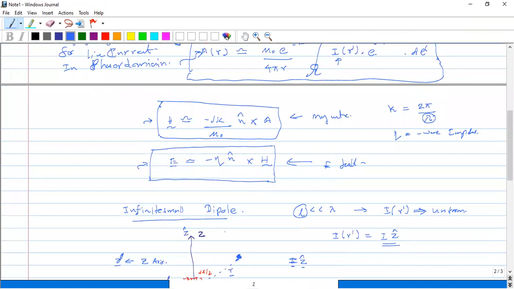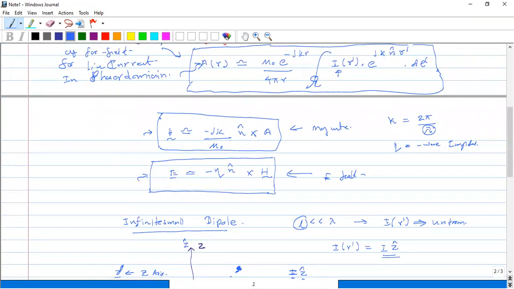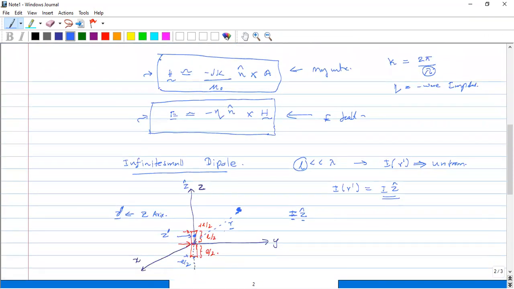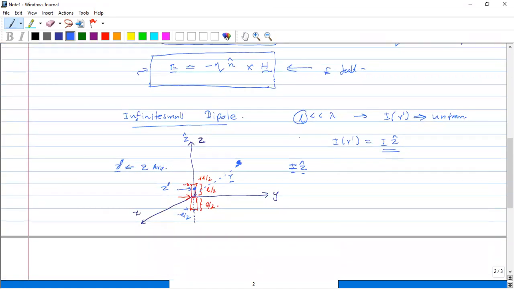So if I write A, it is approximately equal to mu naught e to the power minus jkr divided by 4 pi r.